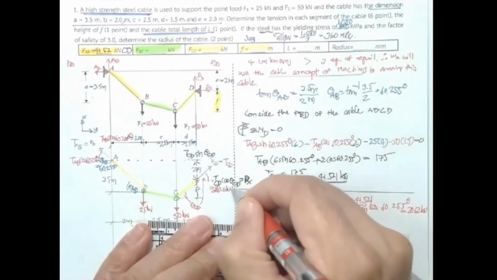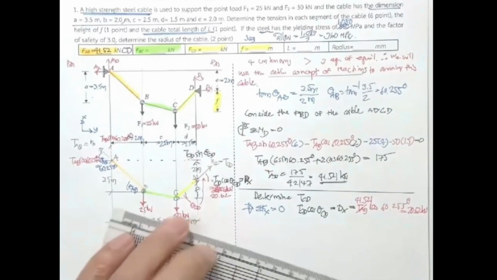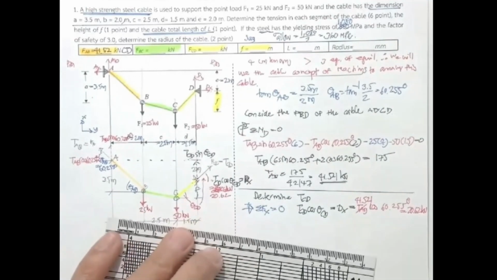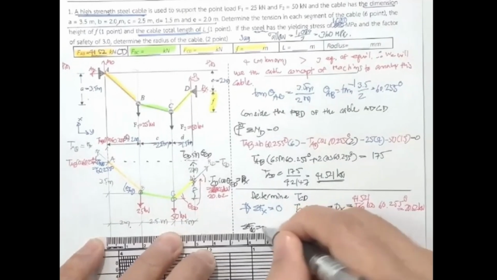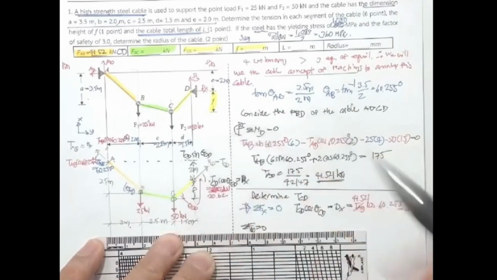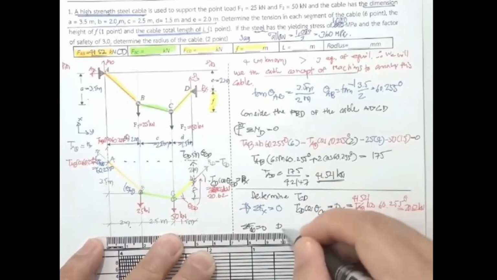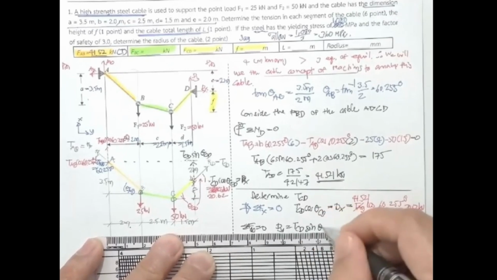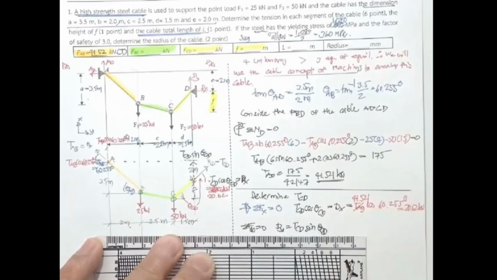Let me put it very clear, 20.62 kilonewton. And then if you do the upward, let me put it in the vertical direction, you find D sub Y equal to T sub CD sine theta sub CD. That is upward.